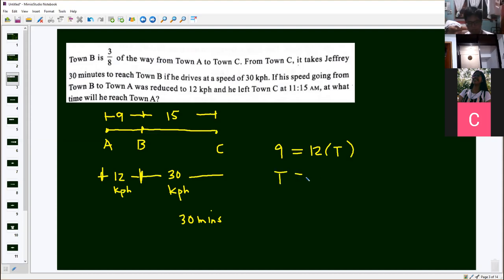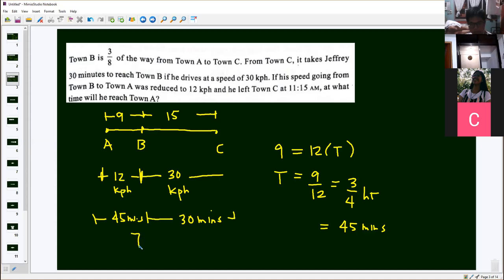So the time is 9/12, and this is 3/4 of an hour. And what is 3/4 of an hour in terms of minutes? 45 minutes, right? So this part right here is 45 minutes because he slowed down to just 12 kph, and then 30 minutes. The total time is 75 minutes, right?